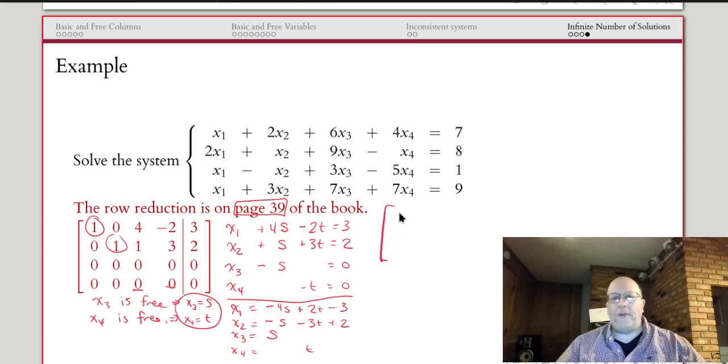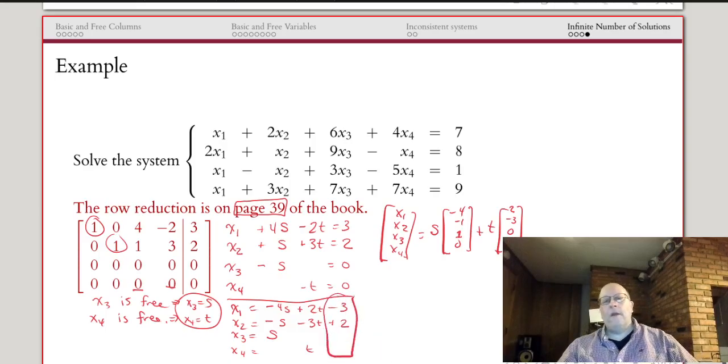Or using our parametric vector form, where we combine everything into vectors. The vector that contains all 4 of my variables is equal to my parameter s times negative 4, negative 1, positive 1, 0, plus t times the vector 2, negative 3, 0, and 1, plus some constants, negative 3, positive 2, 0, and 0.